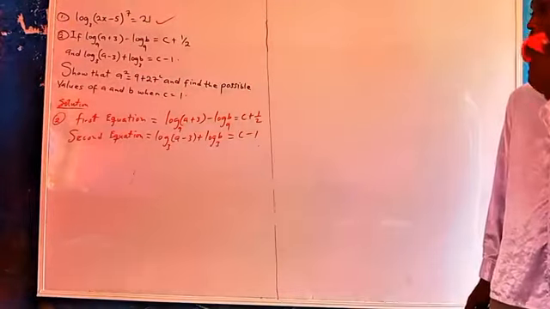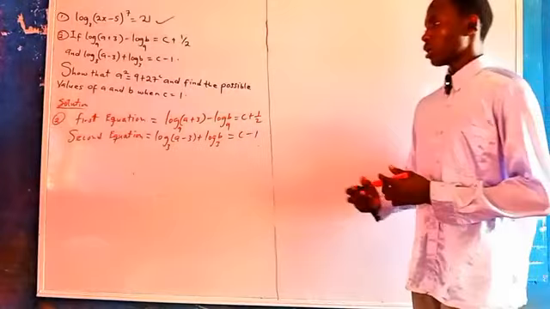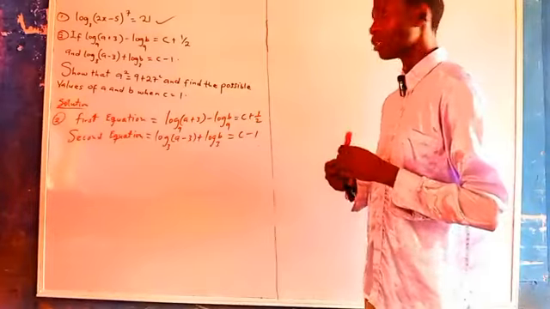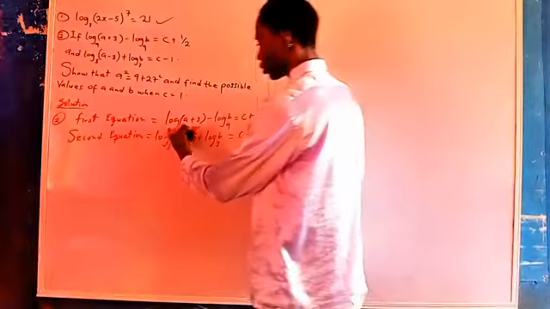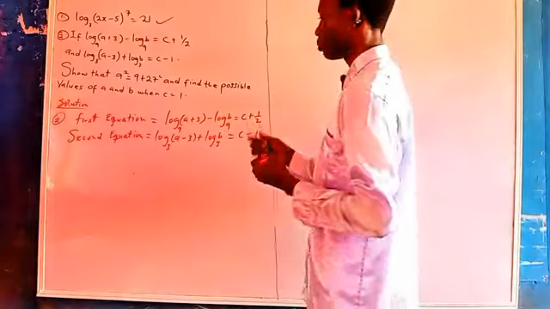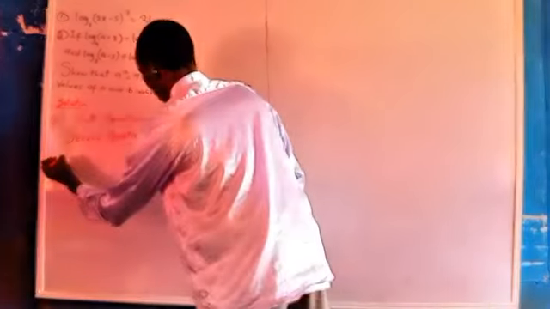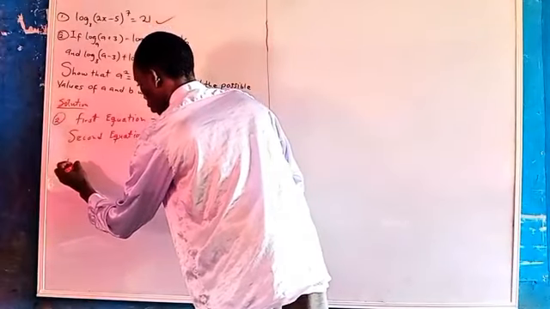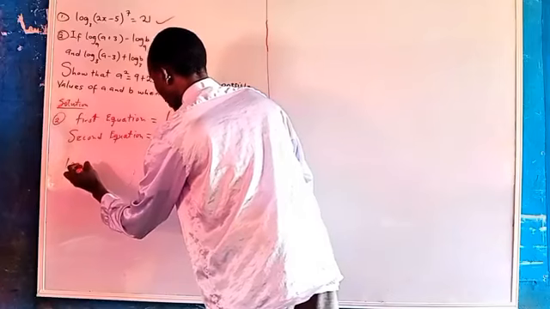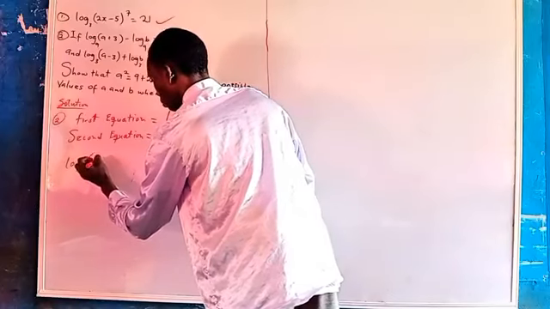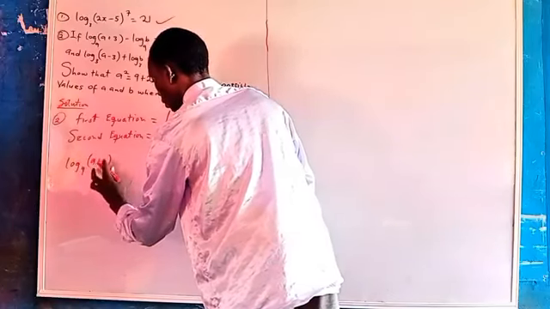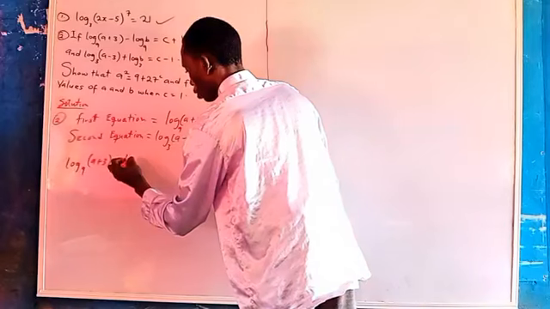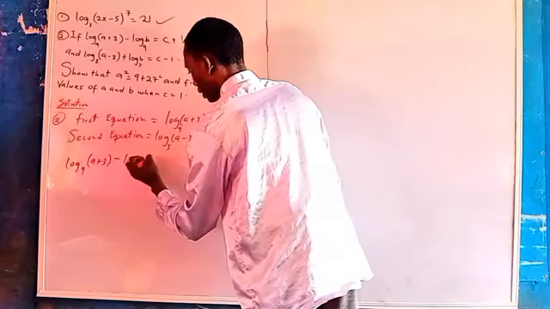Okay, now let's convert this into something variable. From equation 1, I will turn this into something variable. This will be log to base 9 of a plus 3 minus log of b base 9.